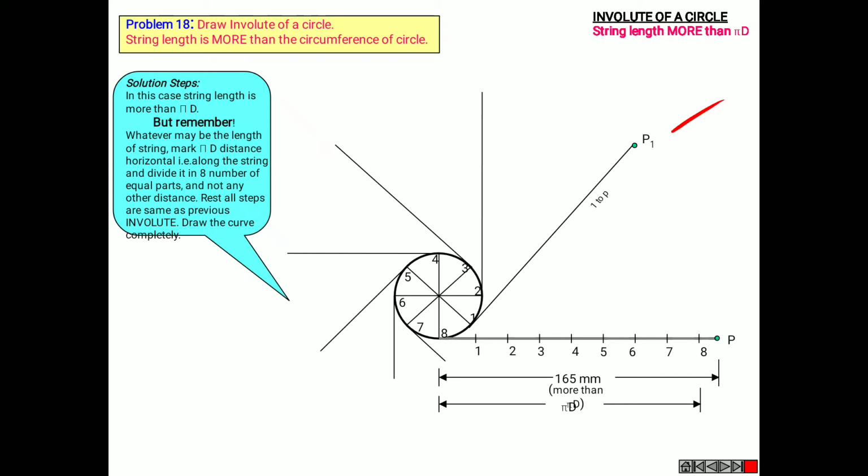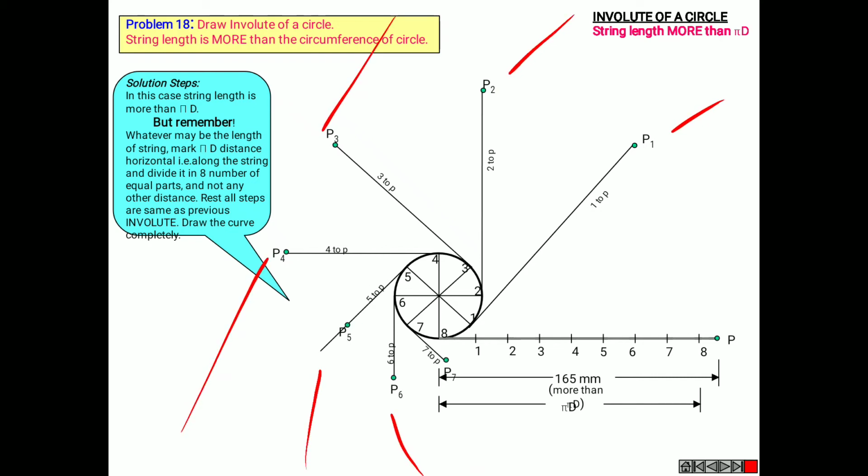Similarly to the second line as P2, the third line as P3, the fourth line as P4, fifth P5, P6, P7 and P8.